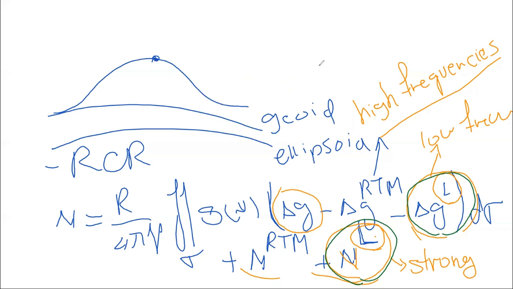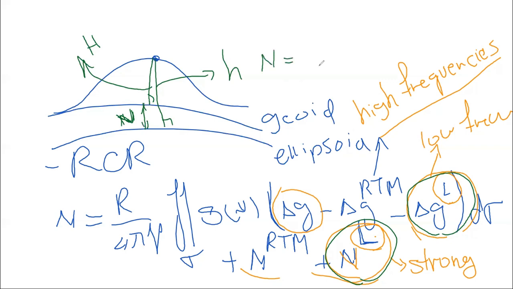And we know that this height is the geodetic height, which we show by h, and this one is the orthometric height, which we show by H, and this distance is the geoid height, which we compute simply from this formula. So N is equal to h minus H.